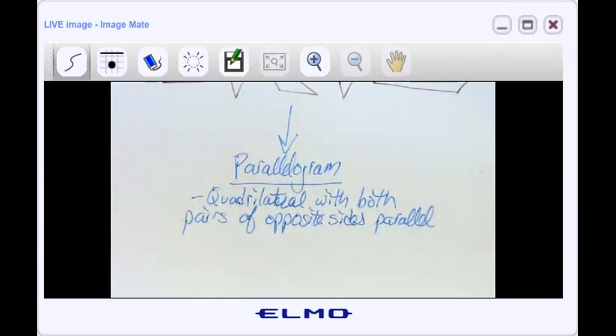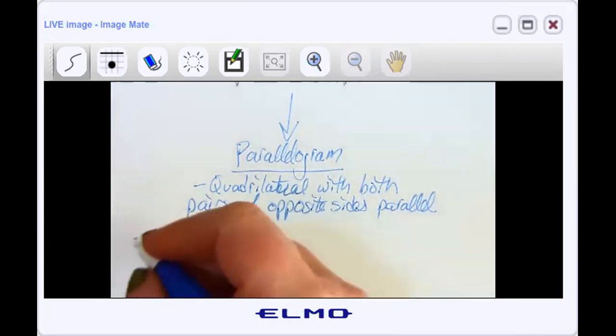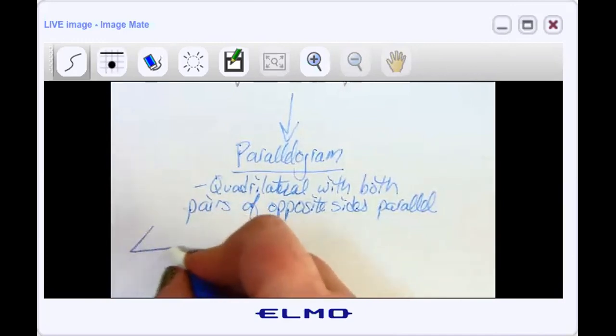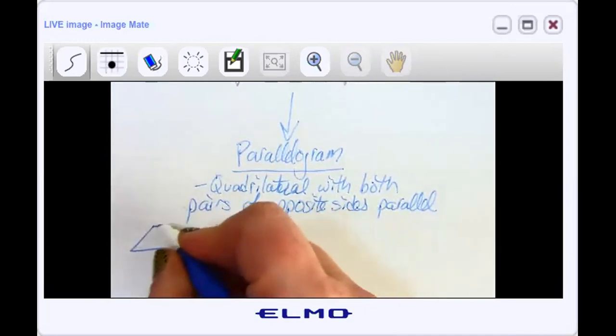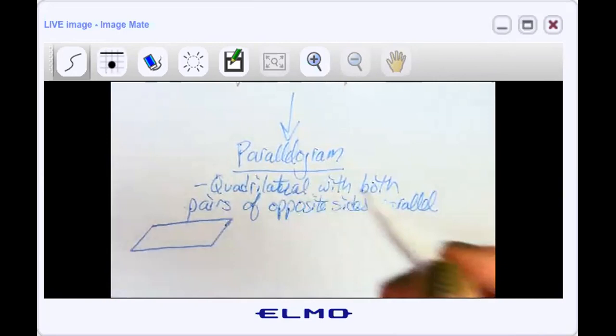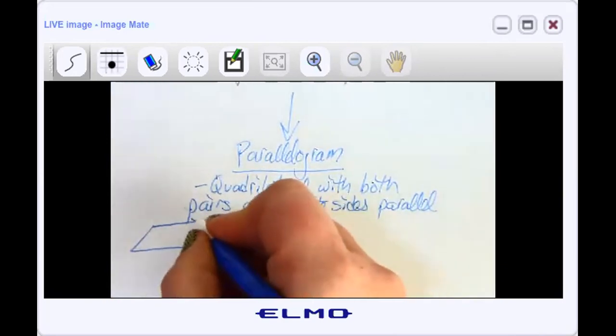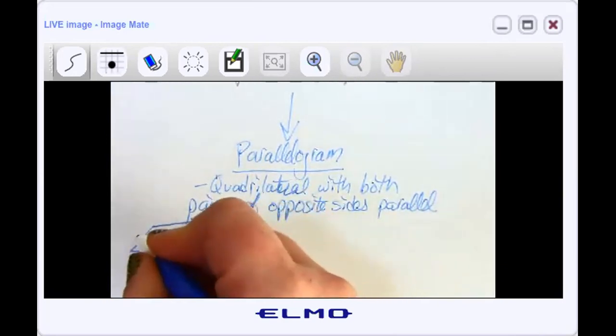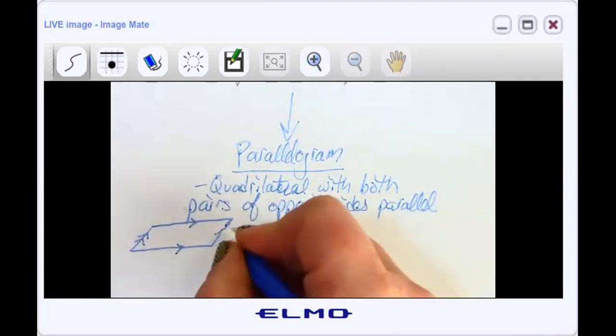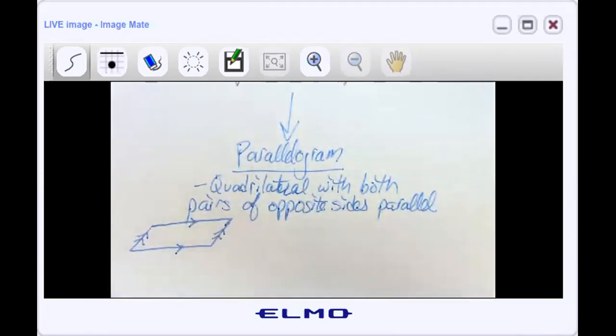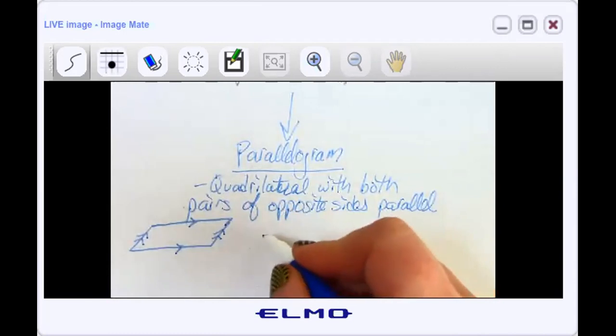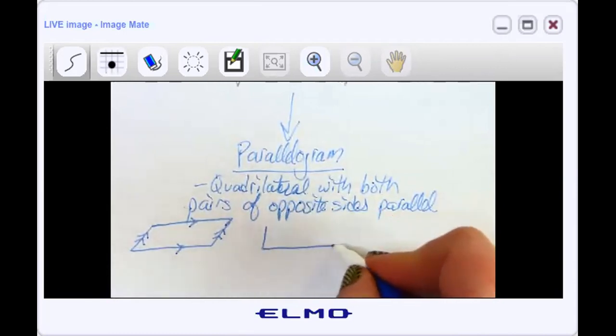Okay, so you start off with a 4-sided figure, but if those opposite sides are parallel, it could look something like this, where you have the top and bottom parallel to each other, and then also the sides. So there's the parallelogram. A rectangle does fit this definition, doesn't it?